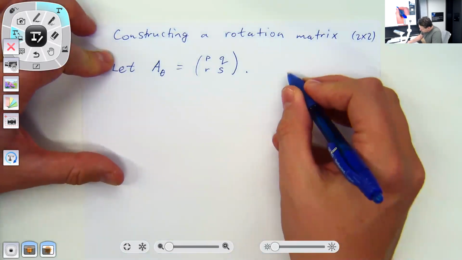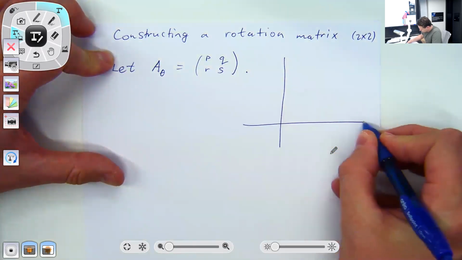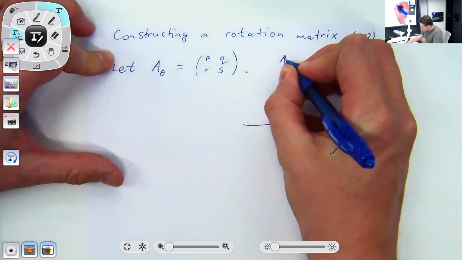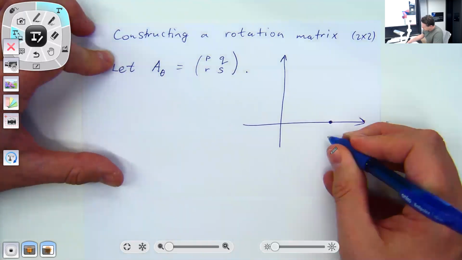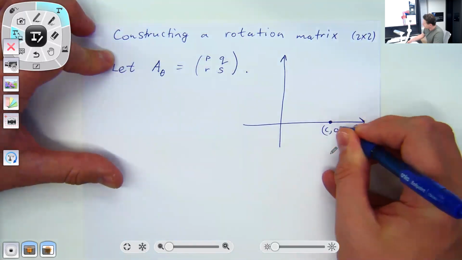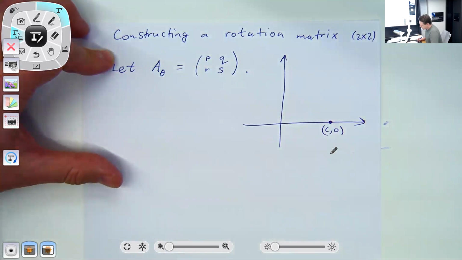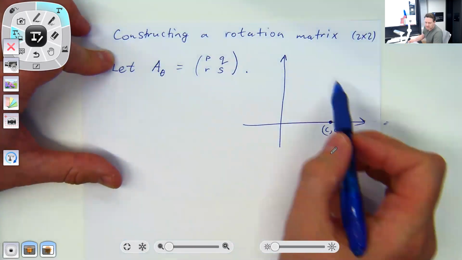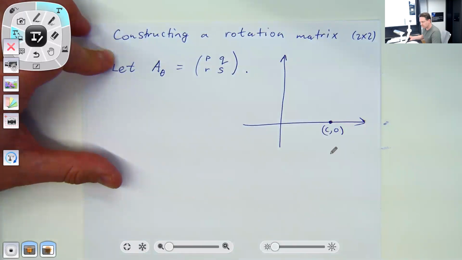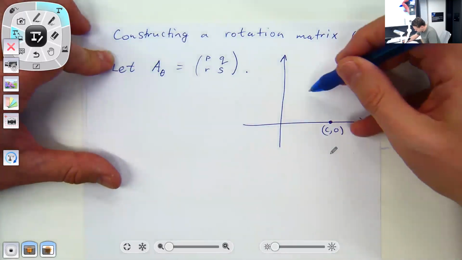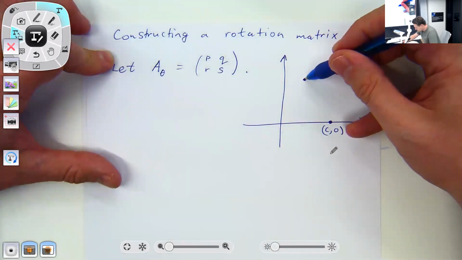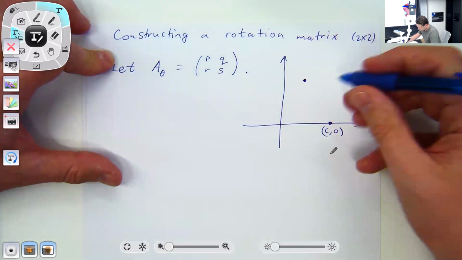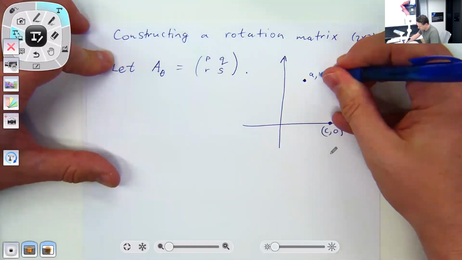So I'll draw a diagram here, and then I want to put a point, the point C, 0 there. And let's imagine that I want to rotate this point through an angle of theta, and let's imagine that it ends up here at the point A, B.